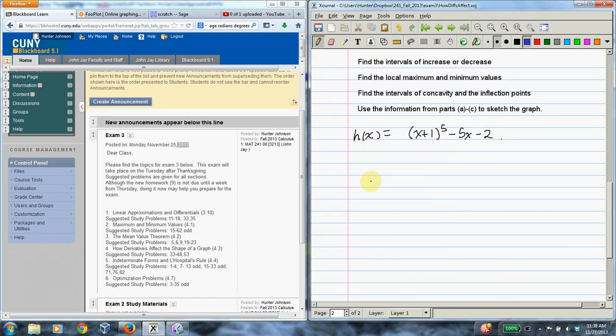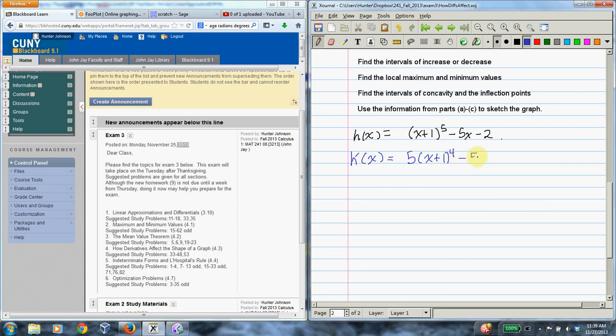So now we're going to just analyze this function and kind of graph it. To find the intervals of increase and decrease, we have to determine where the first derivative is positive. So we better take a look at the first derivative. The 5 comes down, this becomes x plus 1 to the 4th power, and by the chain rule you owe the derivative of the inside, but it's just 1.